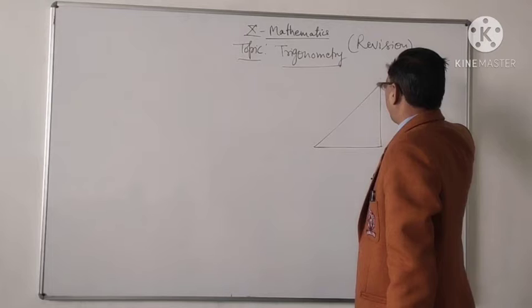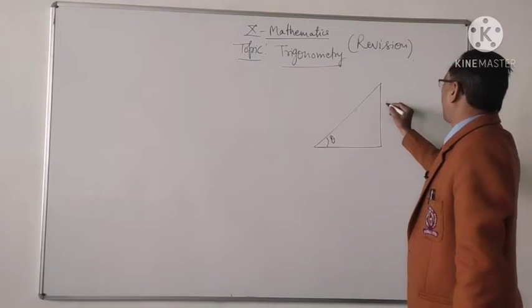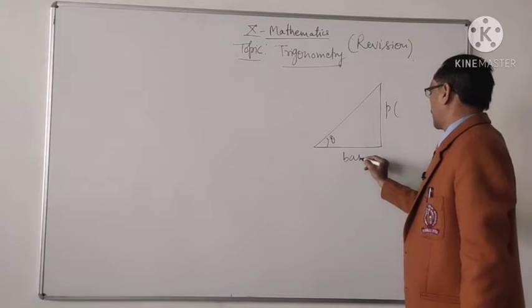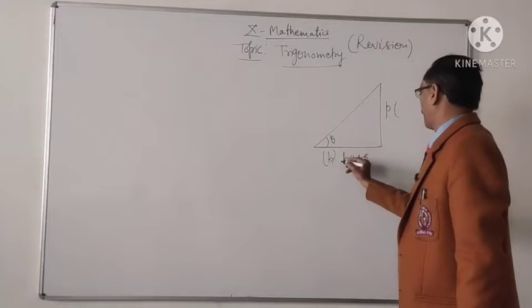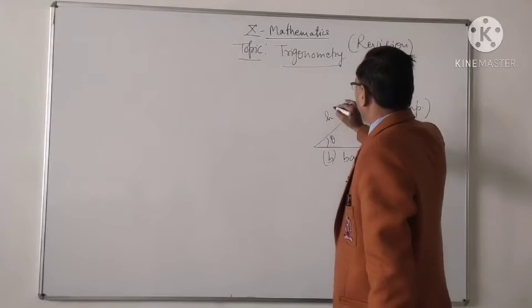Let this angle be theta, this is perpendicular P, it is base B, and this is H, hypotenuse.